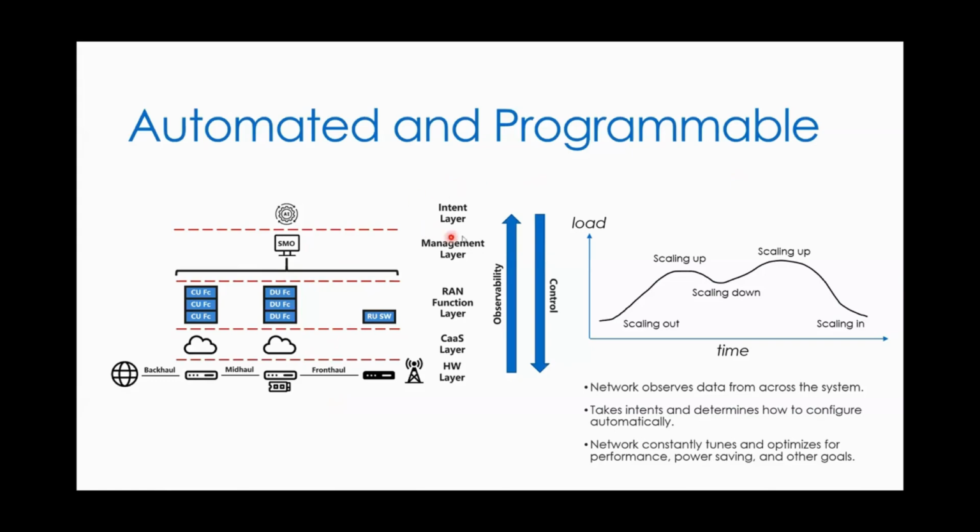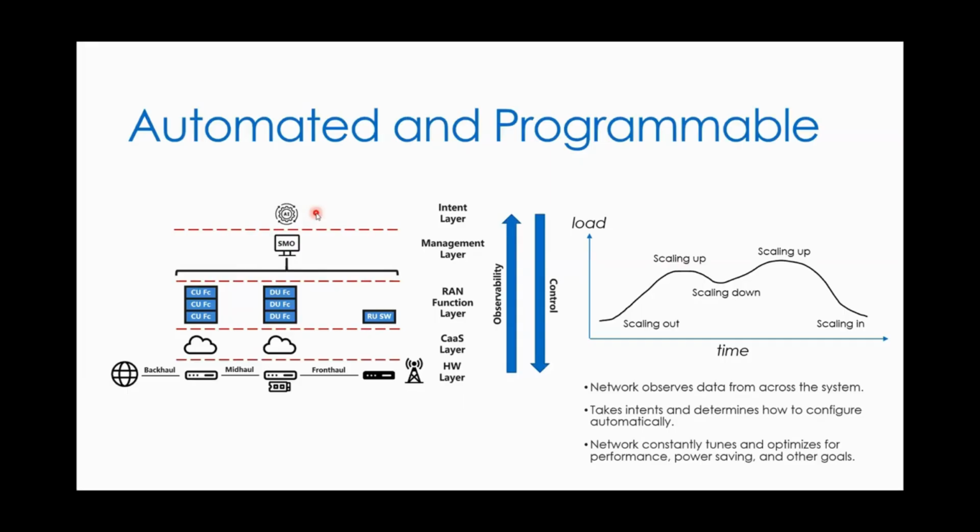One of the new terms that has come along in the past year or two is this idea of intent. What that is saying is, I want some entity or set of entities that sits at the top, and I want to be able to tell the network, I want to achieve some goal. I want to provide a certain service to some users.